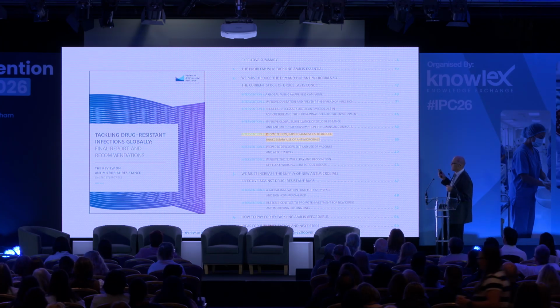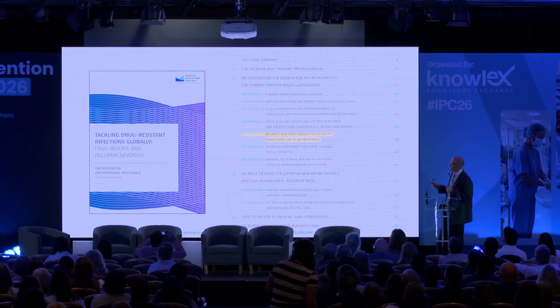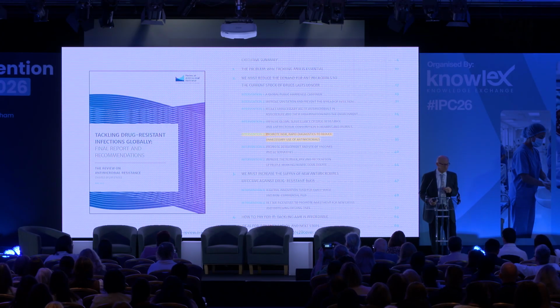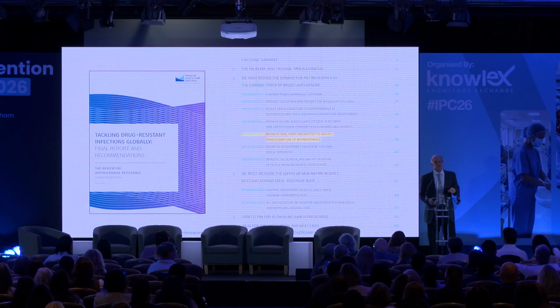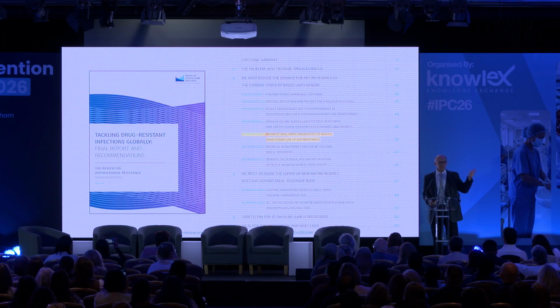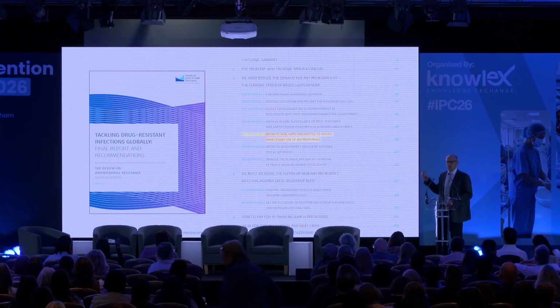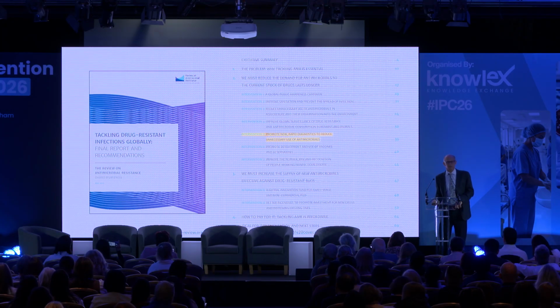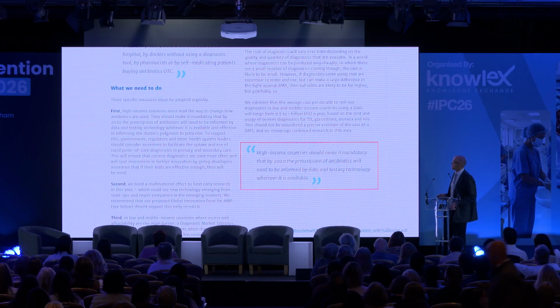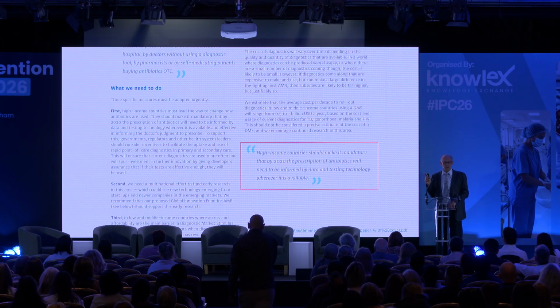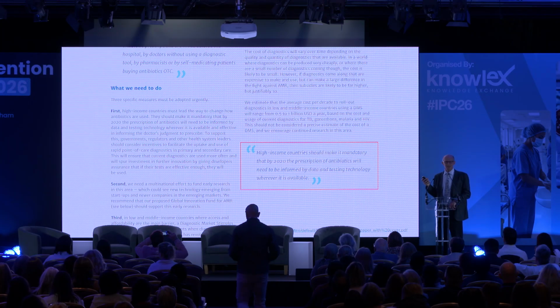remind you of a report that was published over 10 years ago now, by Jim O'Neill, commissioned by the government at the time. It was a hard-hitting report that covered lots of aspects of how to address antimicrobial resistance, and one part of it focused on diagnostics.